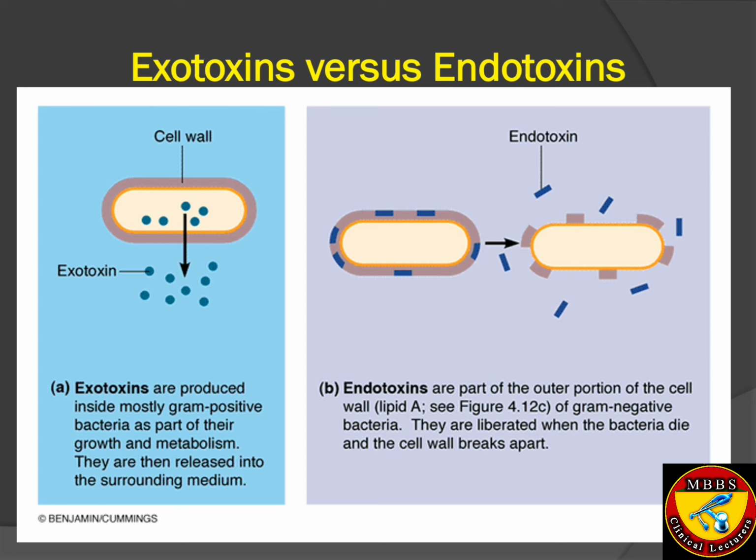Here again, the two types of toxins. As you can see, on the left side, the exotoxins are being secreted outside the cell, while endotoxin, which is part of the outer portion of the cell wall of mainly gram-negative bacteria, is liberated when the bacteria die or when the cell wall breaks apart.